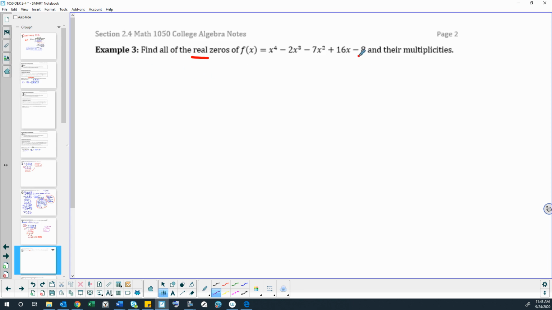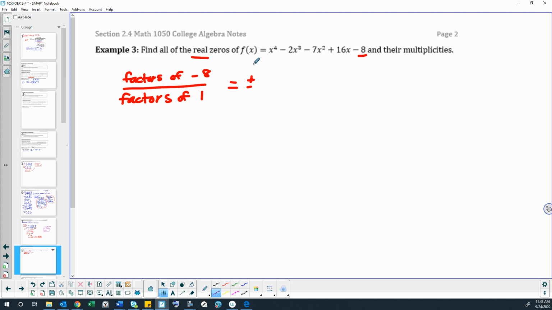That means we're going to take factors of -8, right? Factors of -8 divided by factors of 1, because that's our starting coefficient here. So plus or minus, because it's always plus or minus.